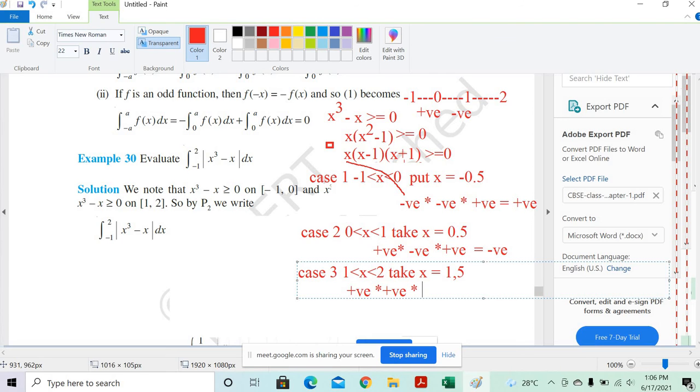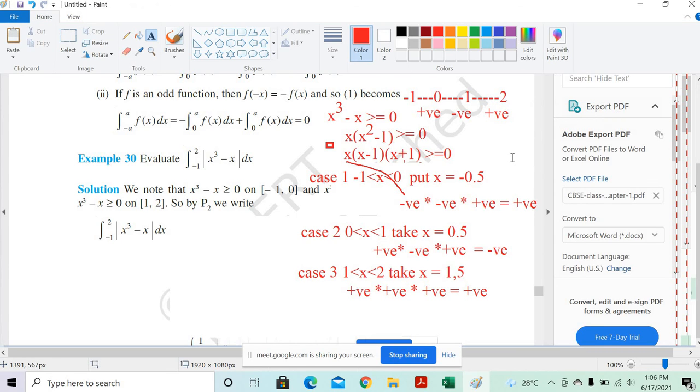So 1.5 plus 1 again is positive. So positive multiplied by positive, positive, positive will give you positive only, correct? So between 1 to 2 limits, this function is again positive. Understood or not? Clear?